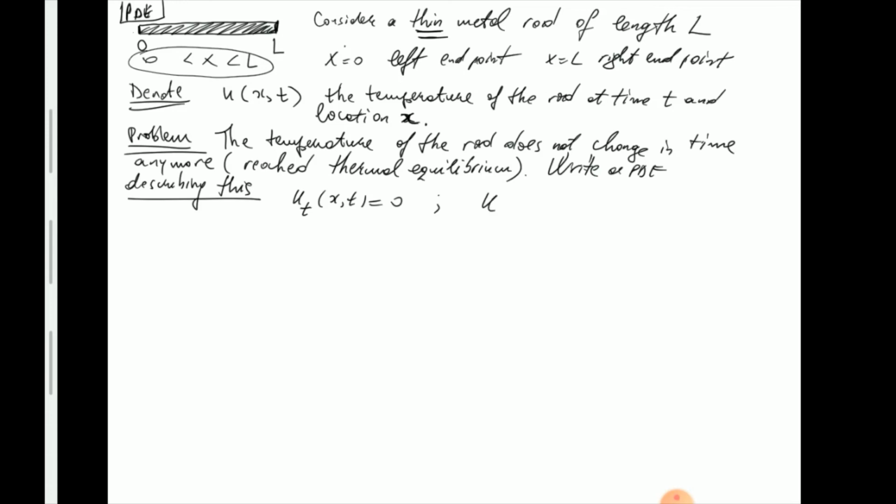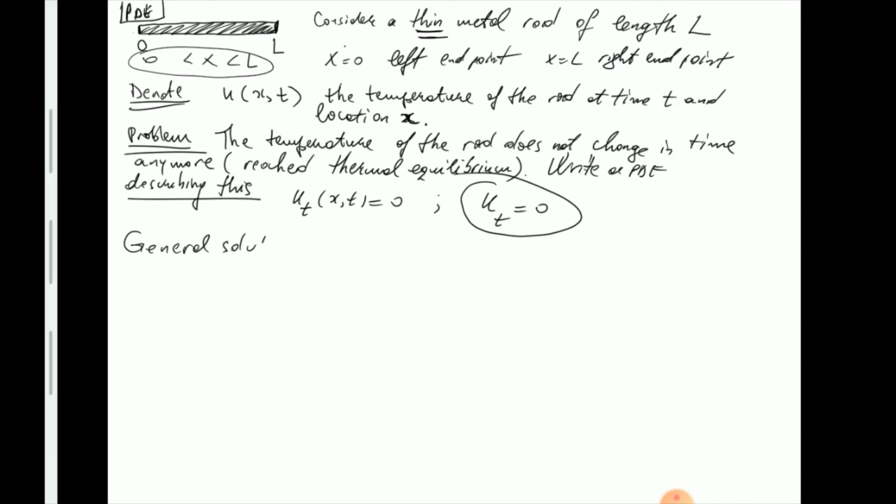We don't write (x,t) all the time if there is no risk of confusion. So really that's all there is to it. If all I say is that the temperature doesn't change in time, then all I could say in terms of a PDE describing this phenomenon is that u_t is equal to 0. So no change in time means that the derivative with respect to the time t is equal to 0. So that seems a very simple PDE, and it is very simple indeed. But here's the general solution.